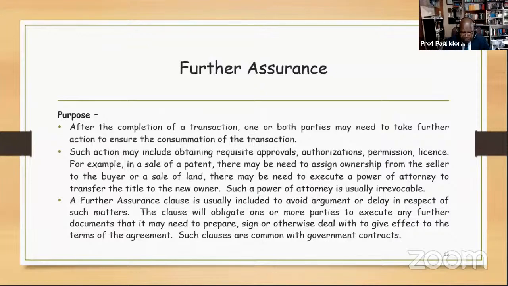BPE can get back to the VP, who is the chairman of the National Council on Privatization, to say, look, Minister of Power, call the chairman of NERC to give this investor the license. It's very, very important where you need a further instrument to do your transaction.